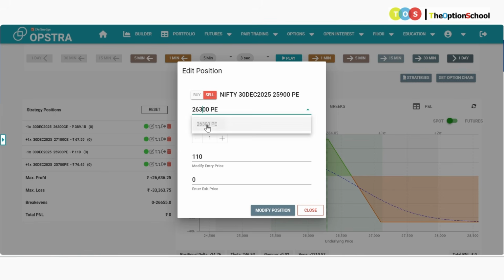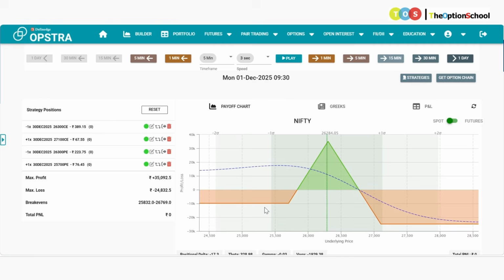26,300. So Iron Butterfly is when we are selling a straddle, Iron Condor is when we are selling a strangle, right? So in this case we have sold a straddle. Depending upon when you do it, you may not be doing it at 26,300 obviously, but let us say market goes to 26,500. So what you can do, you can create a straddle of 26,500, take a lot of premium from the market, and your overall risk reward increases very fast.